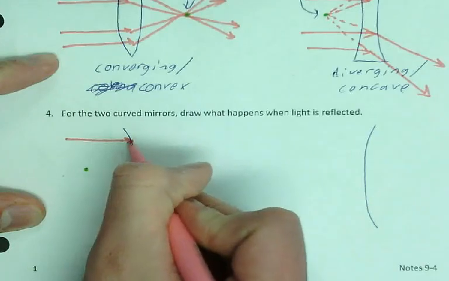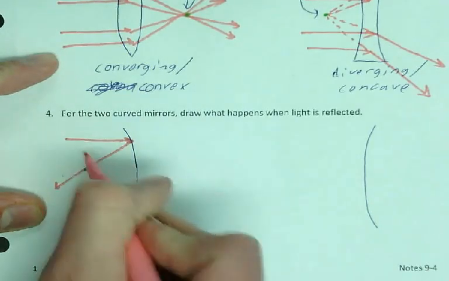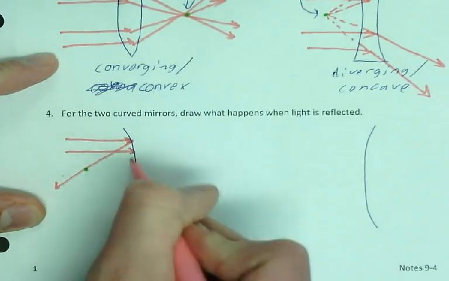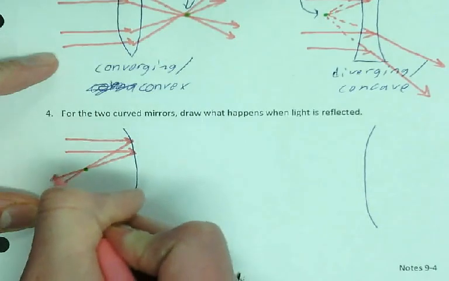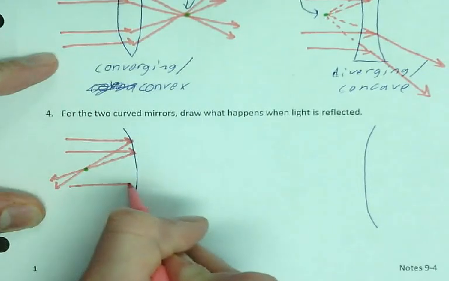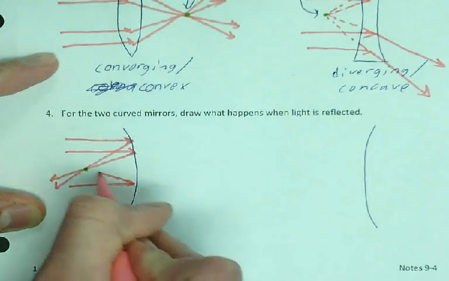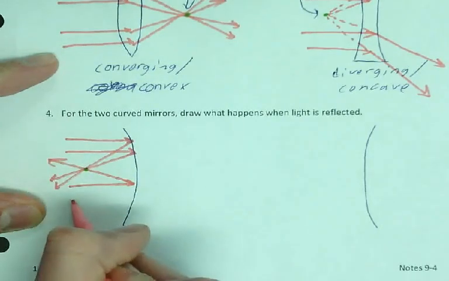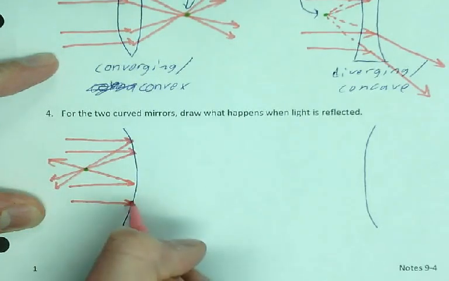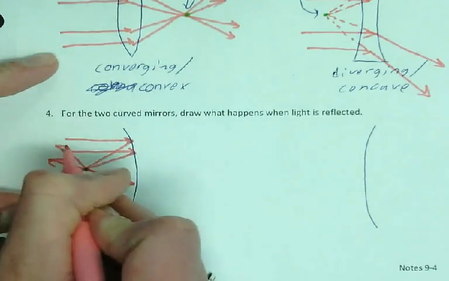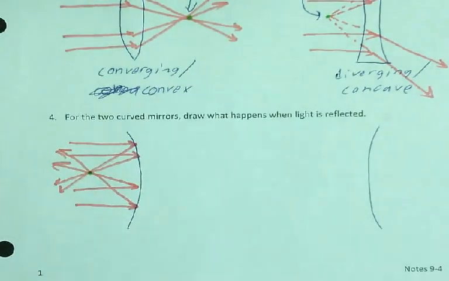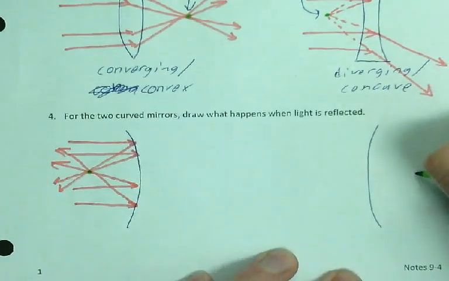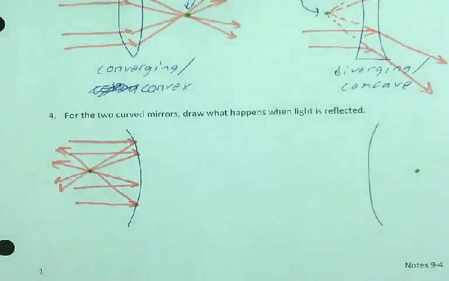On converging, it gets reflected to that focal point.